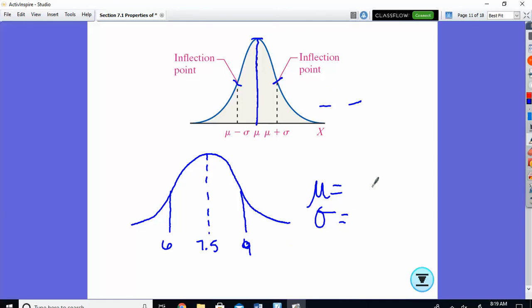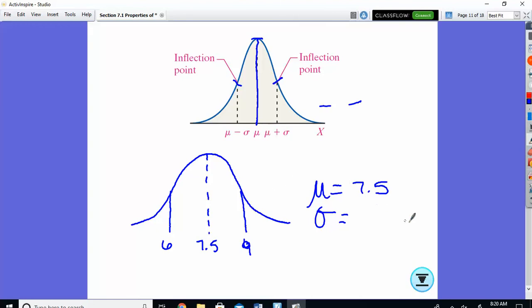The mean has to be your center, so it would be, okay, standard deviation. That would be from my center out. So how far is it from 7.5 to 9? Is that the same as the distance from 7.5 to 6? Yes.